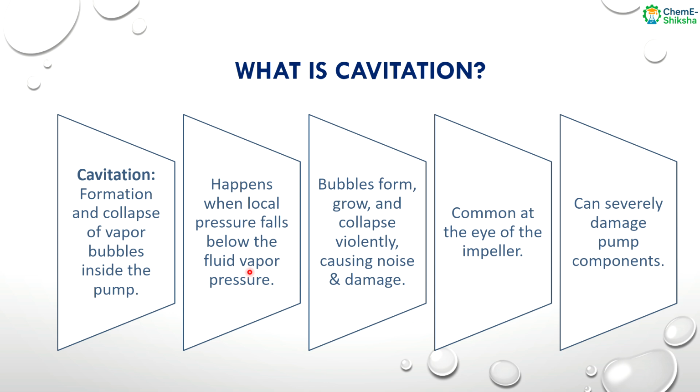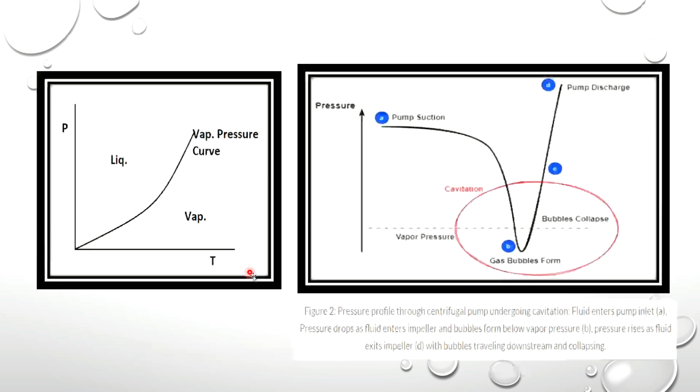So as the pressure inside the pump goes below the vapor pressure of the fluid, it will start forming vapor bubbles, and from the suction to the eye of the impeller, pressure is actually decreasing. So from this curve we can see that from the suction point to the eye of the impeller, the pressure decreases, and at any point if this pressure goes below the vapor pressure, then the liquid inside the pump will start forming vapor bubbles.